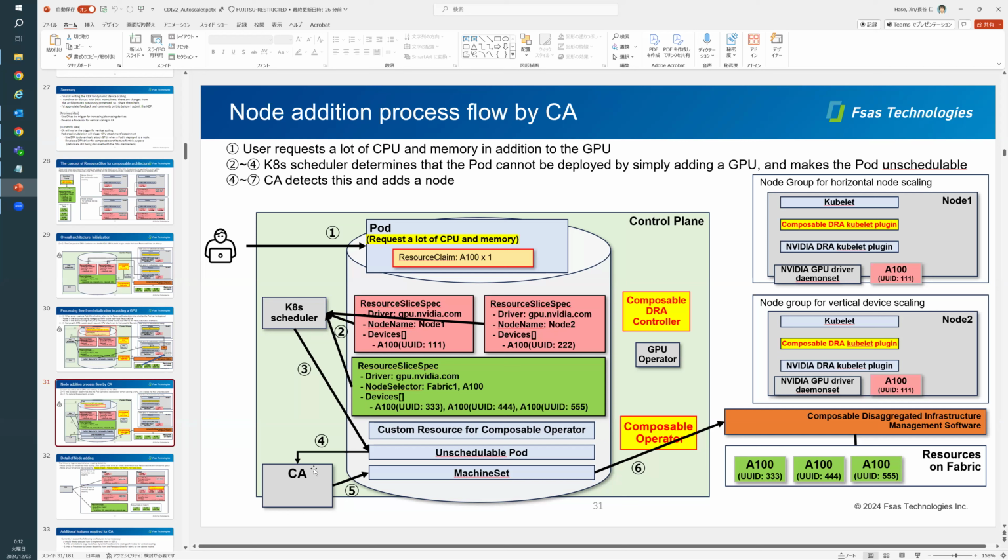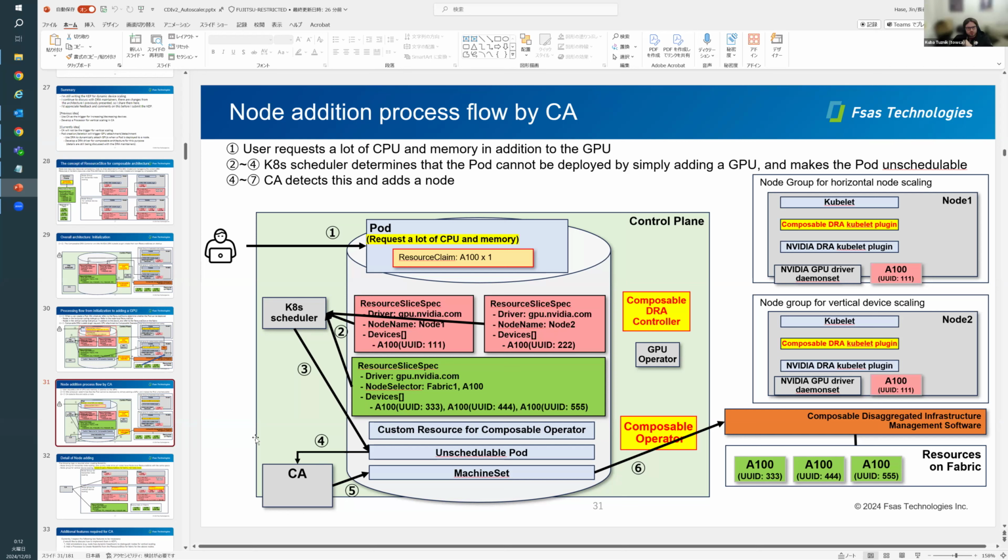So I think I need to add a feature to cluster autoscaler to refer to resource slices for fabric resources.